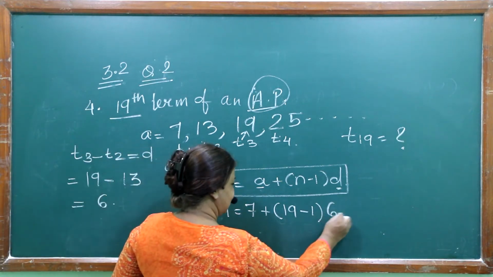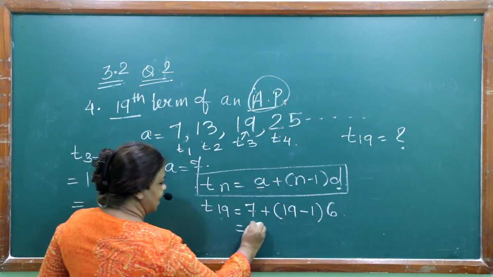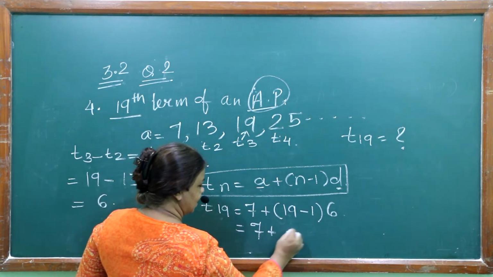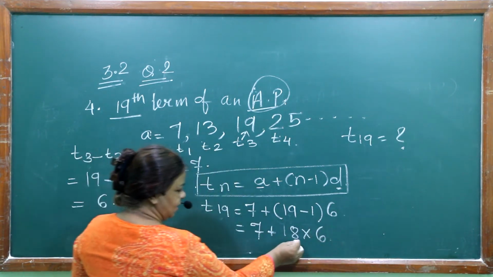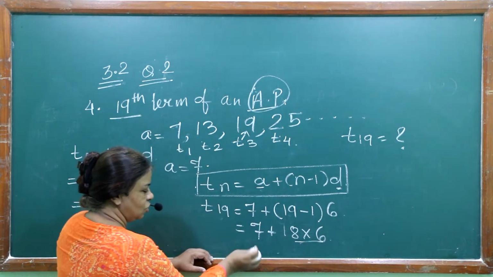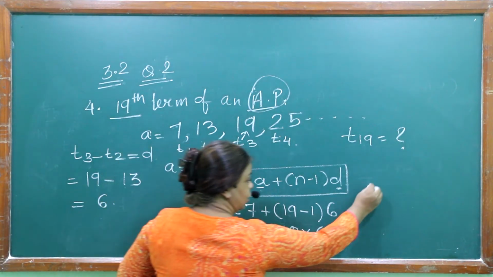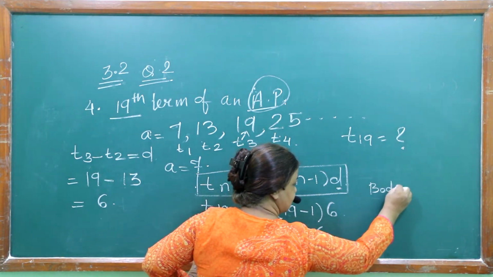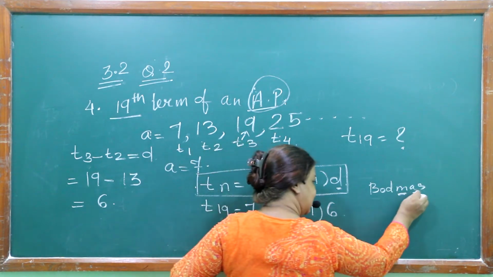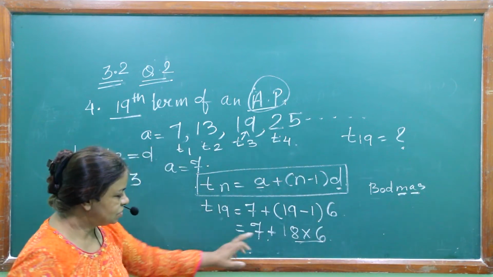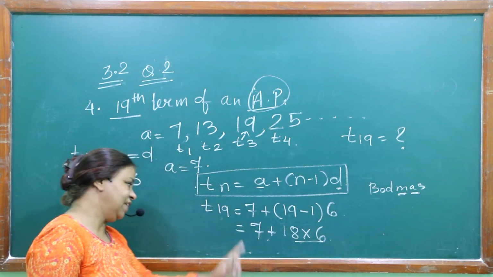So 6. When I write 7 plus 19 minus 1 is 18 into 6. Here we have to multiply first, not add, according to BODMAS. First is multiplication and then there is addition. So first we will go for multiplication and then we will add.